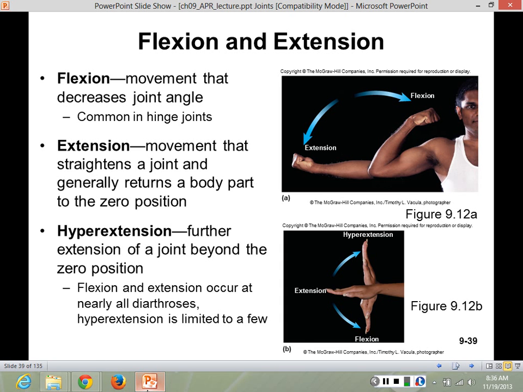Yes, the sartorius, that's the longest muscle in the body, remember that. It's called the tailor's muscle. I need you to know the muscles that make up the hamstring because there are several of them: semimembranosus, semitendinosus, and biceps femoris.